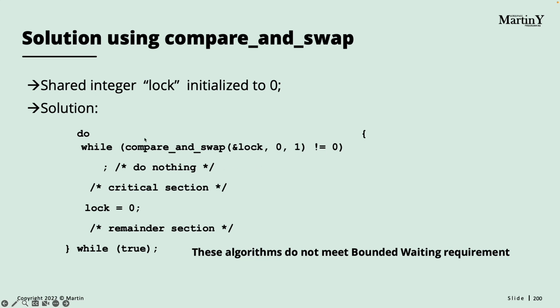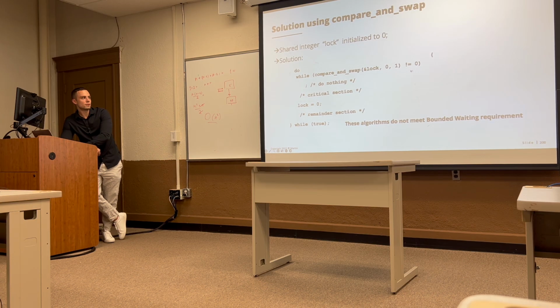So if this function returns 0, the while loop will get broken, correct? Because those two will be equal, so it will break. So the expected value of our lock here is equal to 0. So this is what we expect.